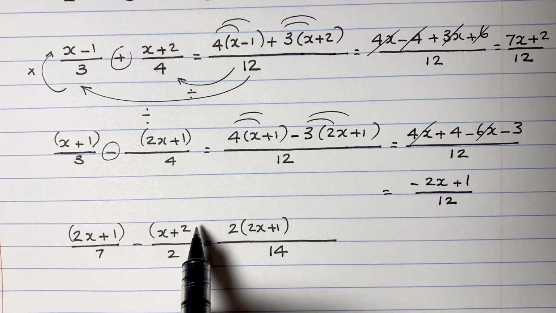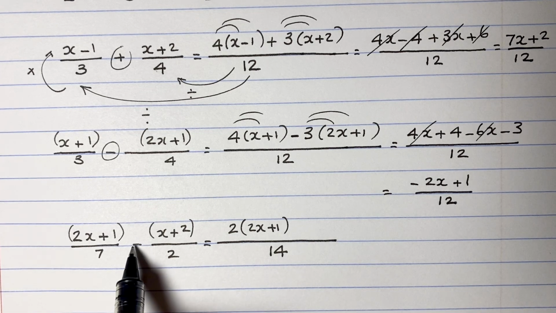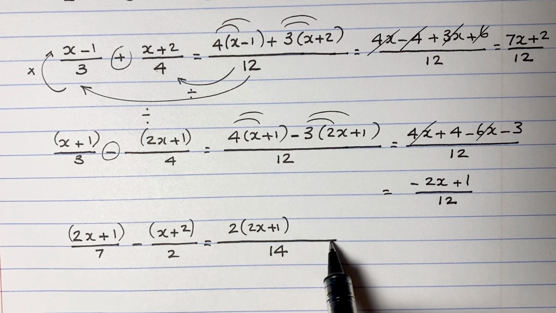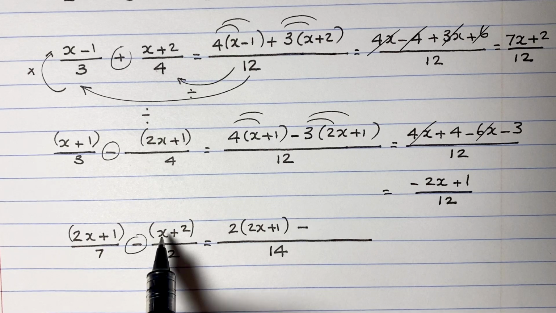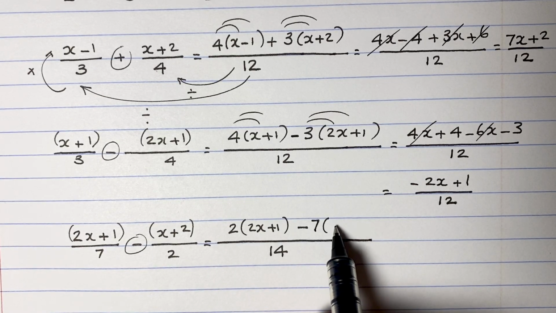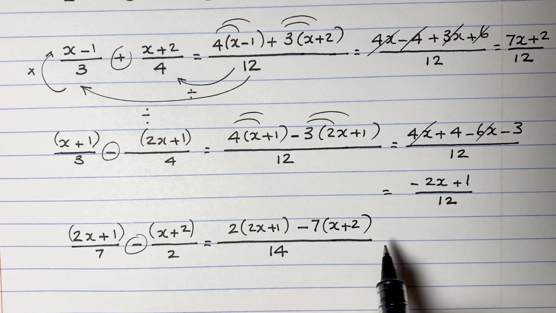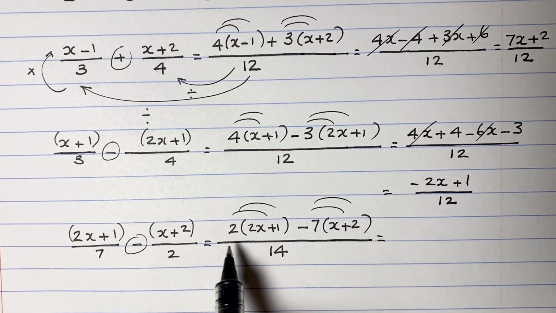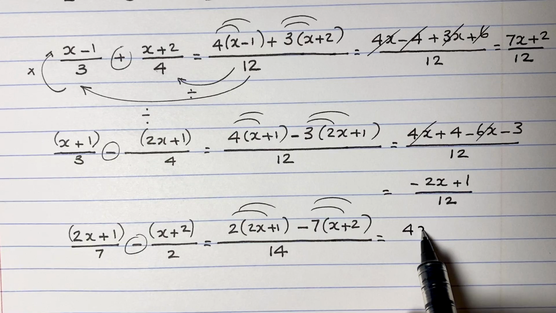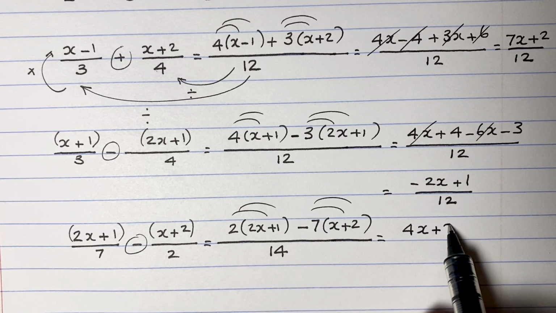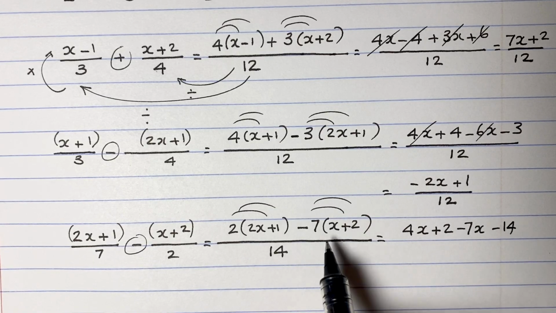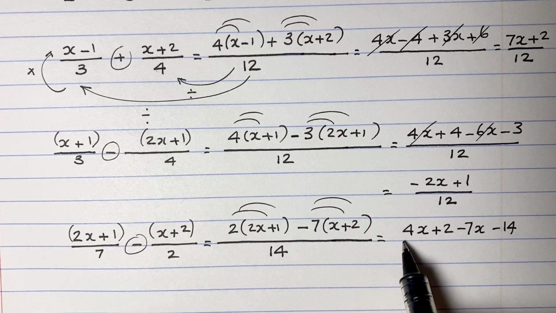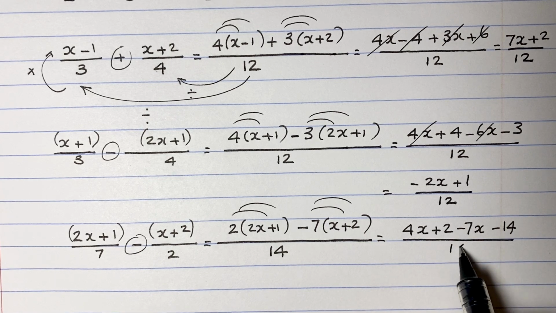You could put these inside brackets for you to remember; they need to be written inside a set of brackets. Then we have take away. 14 divided by 2 is 7. 7 times its top. Remove the brackets. 2 times 2x is 4x plus 2, minus 7x minus 14, all over 14.